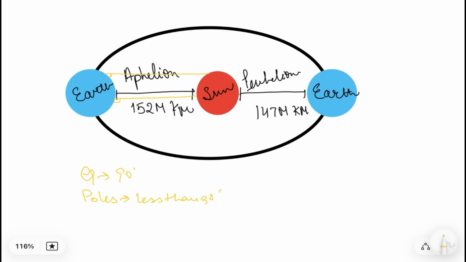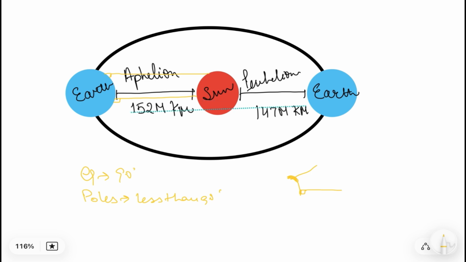If the sun rays fall directly on the equator, it will get absorbed more. In case of the poles, the incoming solar radiation is slanting, so the area heated by a single unit of insolation is larger, while at the equator it falls straight down and heats a smaller area.